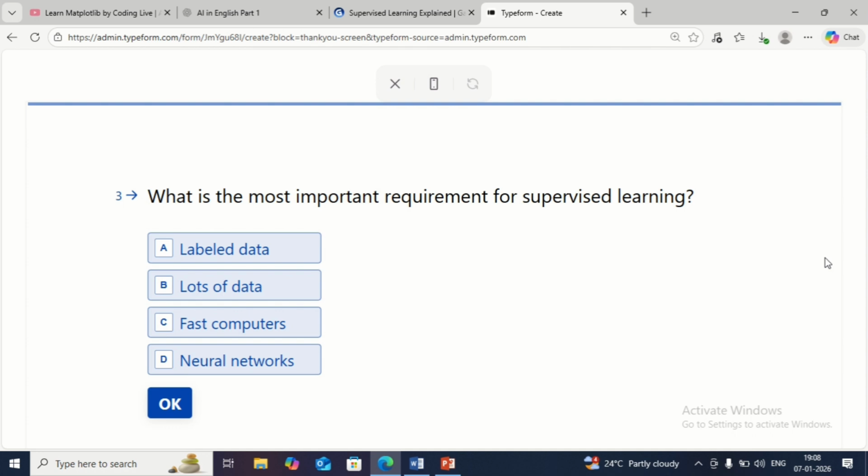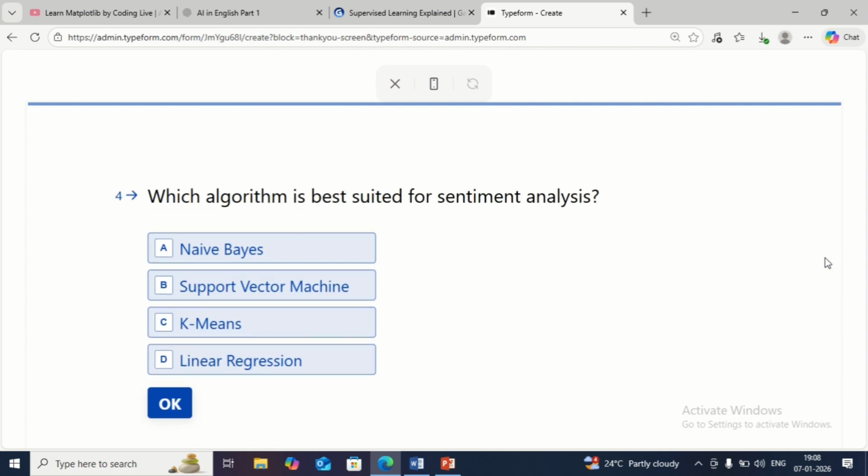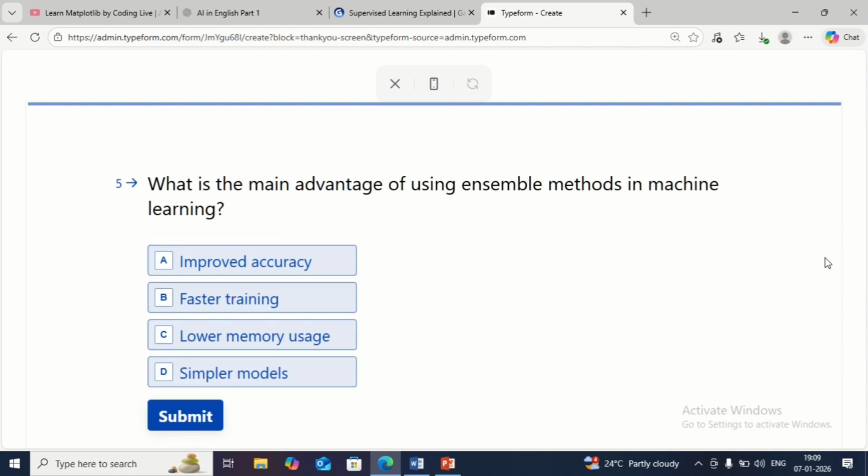Label data, lots of data, fast computers, or neural networks. So pick a choice. The next question, which algorithm is best suited for sentiment analysis? Naive Bayes, support vector machine, k-means, linear regression. And then we have the last and final question, which is what is the main advantage of using ensemble methods in machine learning? Improved accuracy, faster training, lower memory usage, and then the final one is simpler models.